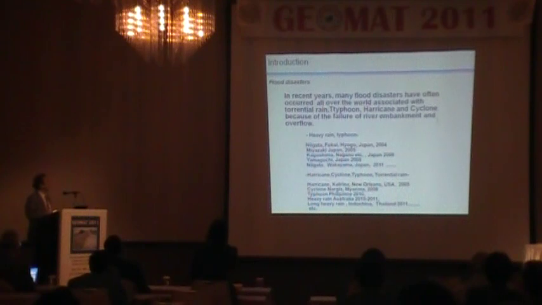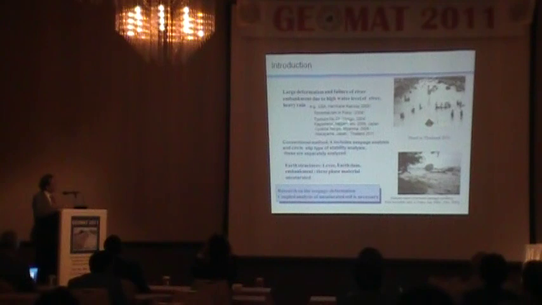We have many disasters nowadays because of the failure of embankments, seepage flow, and overflow. On the right-hand side you can see a picture of the recent flood in Thailand, and on the right bottom the failure of an embankment in Kokuri Prefecture seven years ago.